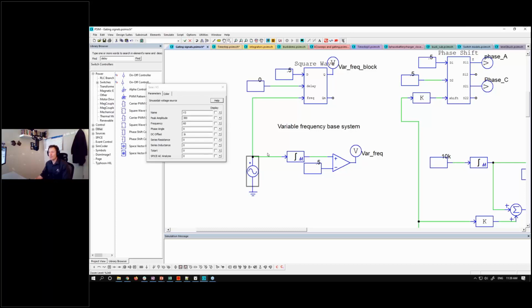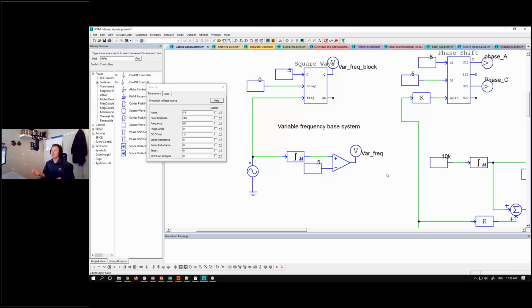We've got a variable frequency drive out here, and then we are comparing that. We're using this integrator to make a little 0 to 1 ramp that's going to ramp at whatever period the frequency is that we want. And then we're comparing with 0.5, which is going to give us our 50% duty cycle that's going to change with frequency. So this is nice.